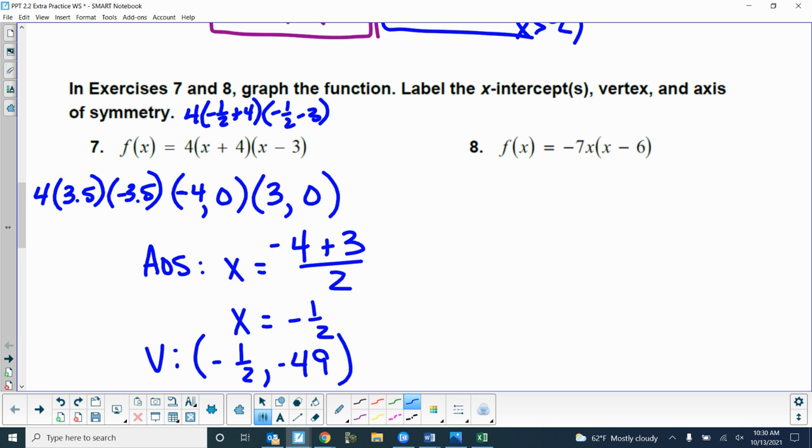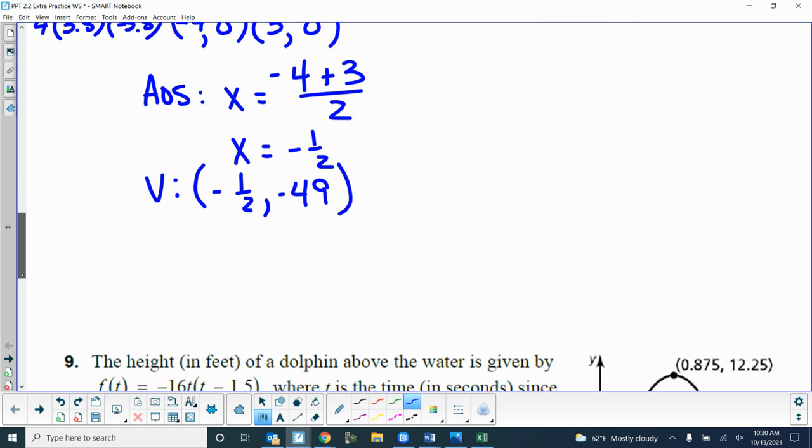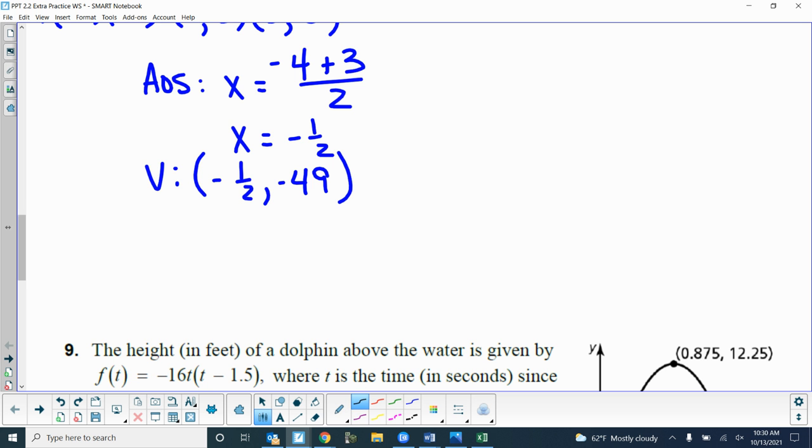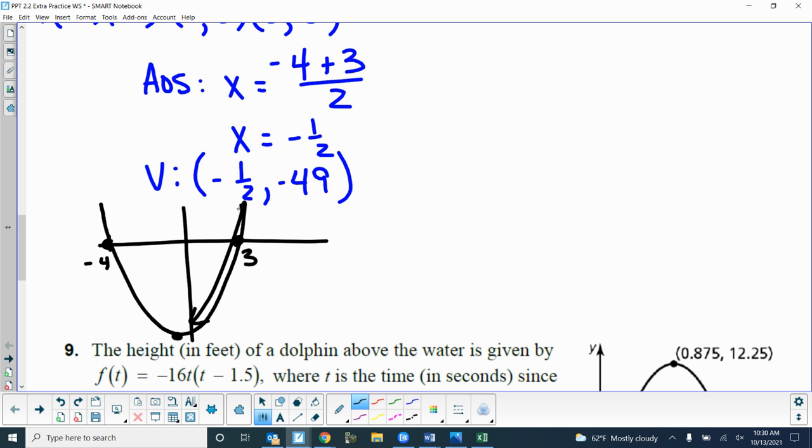And then you were supposed to graph that. So you got an x-intercept of -4 and an x-intercept of 3, and then the vertex is way down here at -1/2, -49. Okay?